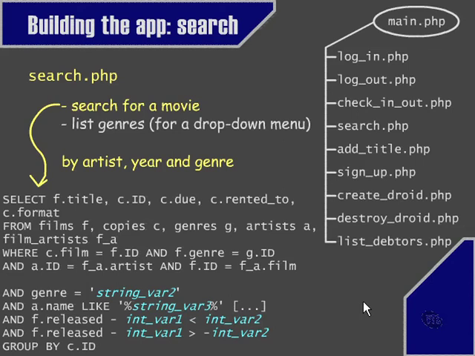Here we can see a search for artist, year and genre, but we're not searching by title. So this allows the customer to provide as much information as they can remember about the film, and then even if the employee themselves can't remember it, they can type into the system and the system will return any results that match their particular query.